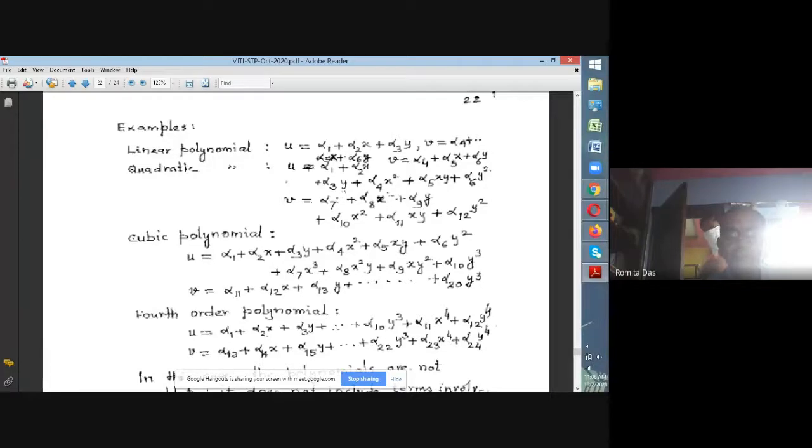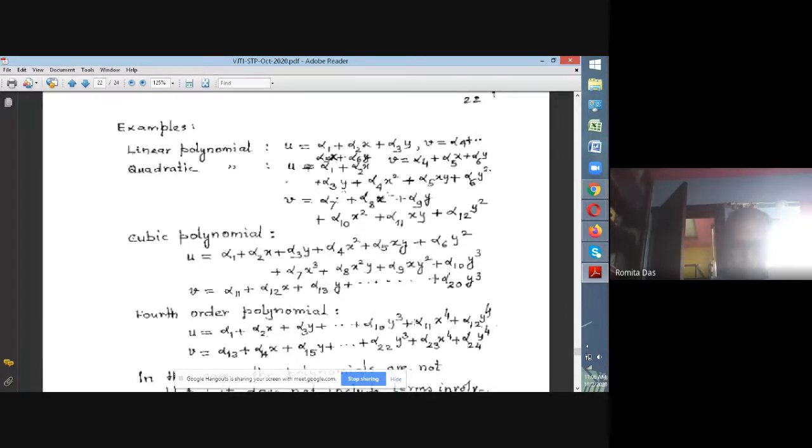You see here, u is equal to alpha 1 plus alpha 2x plus alpha 3y plus, it continues, then alpha 10y cube, alpha 11x4, and then alpha 12y4. Up to the 10th term, the cubic terms, it is a complete polynomial.